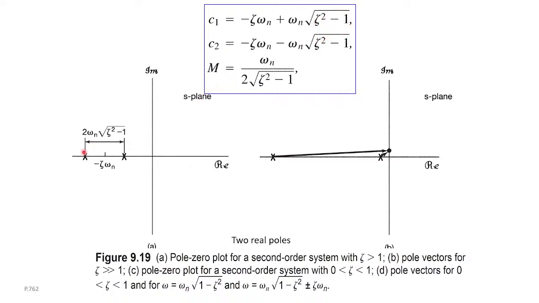The two poles behave differently when C is bigger than 1 or less than 1. If C is bigger than 1, then both of those square roots are positive real.